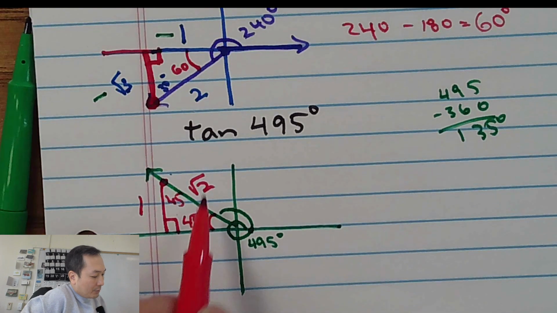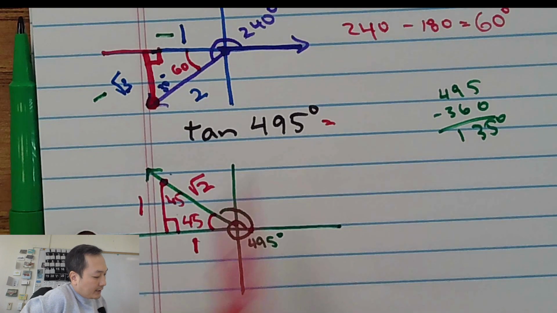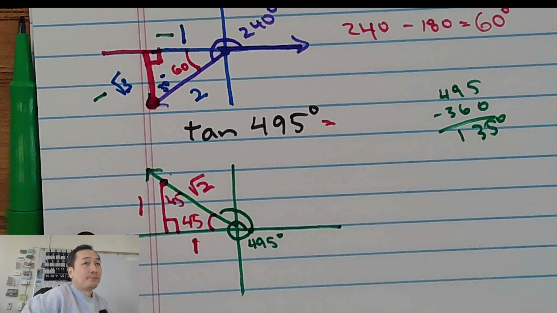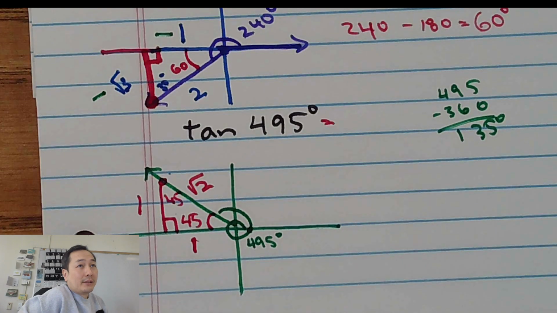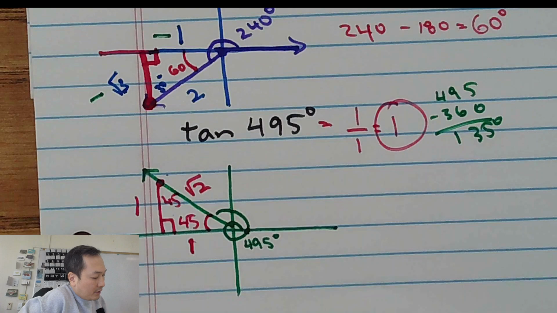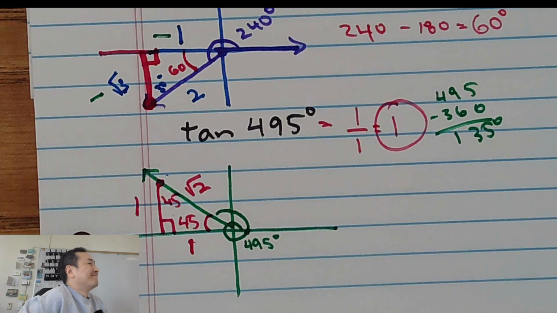I'm trying to find my tangent, which is y over x. Or if you guys aren't used to that, but we just learned it, it's going to be opposite over adjacent, which is 1 over 1, which is just 1. Hold on. I know I made a... Yeah.